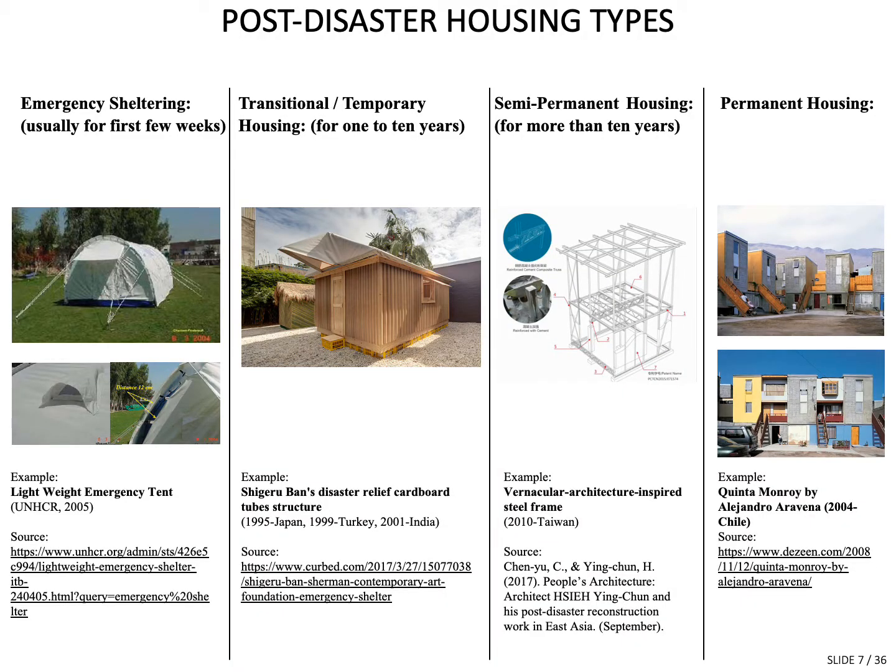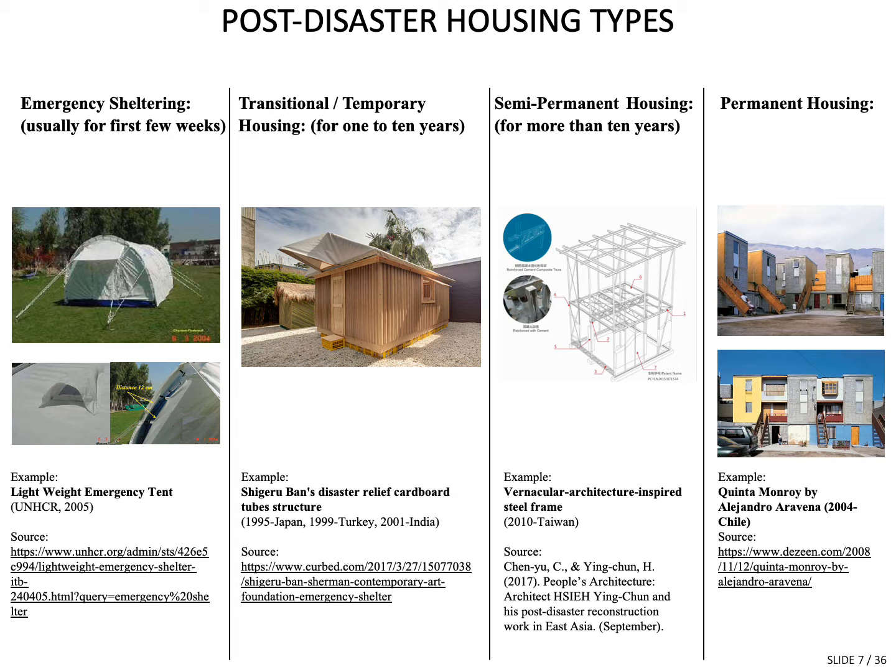These are the general types of post-disaster housing. Number one is emergency sheltering, usable for the first few weeks after an emergency. The second is transitional housing. It could be designed for up to 10 years for the usual unexpected prolonged stay. And the third is semi-permanent housing.